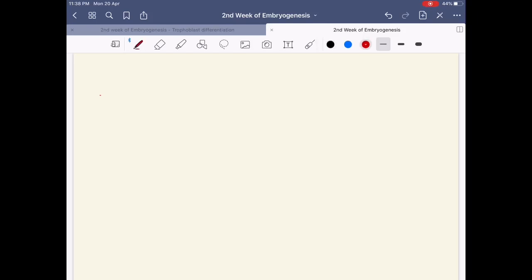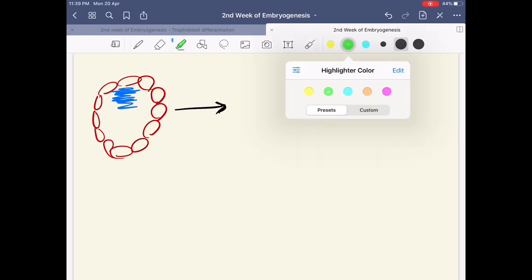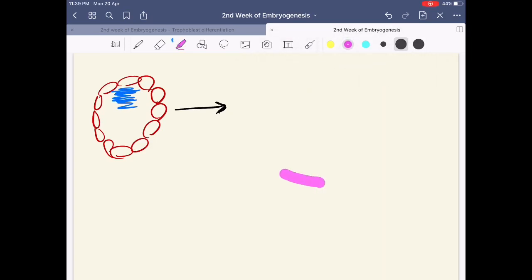So once again I'm going to draw this trophoblast here like this, and you have got this inner cell mass here. Now this trophoblast is actually going to differentiate, and it is going to differentiate like this.